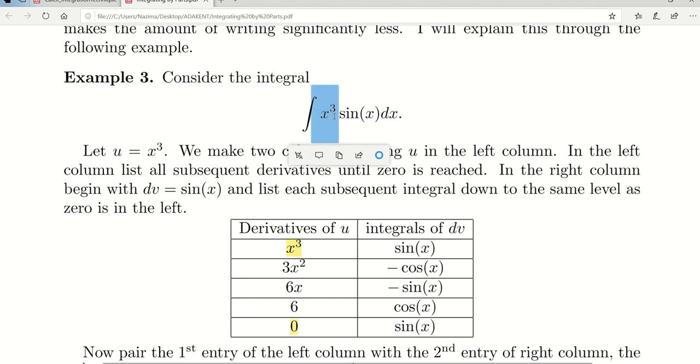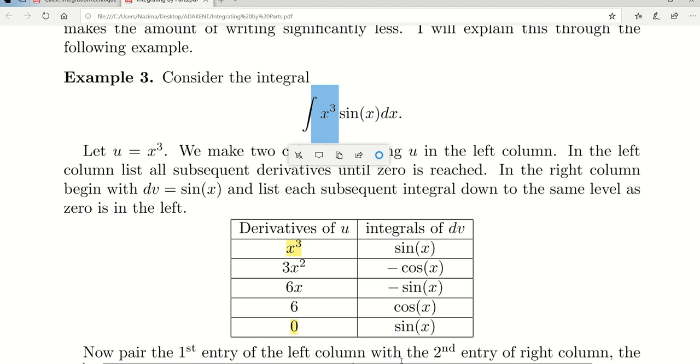All we do, once again, we separate it into parts. This is again separation of parts by the tabular method. We use tables, and we take, once again, derivative until we get 0.